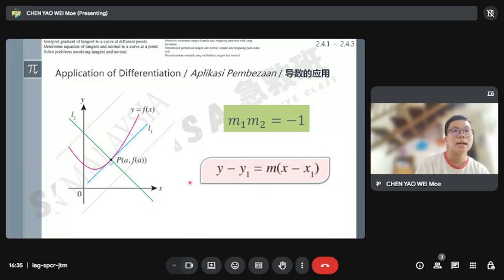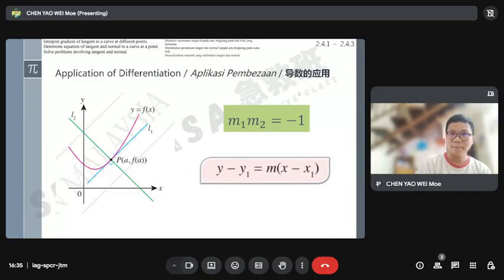We use one point, and for the other point we put x and y, and that is enough. It is for a simple curve.